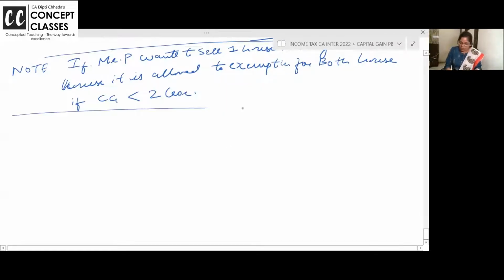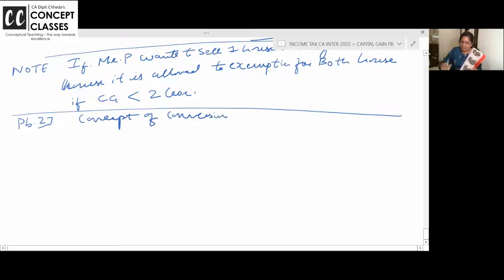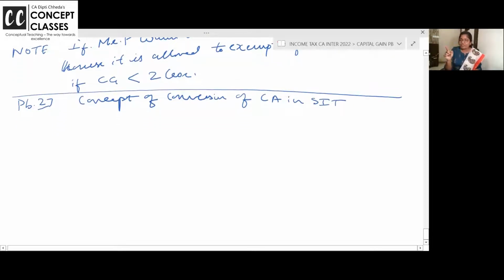So I'm taking up this now in class and we will definitely solve more problems. और इसका मैं थोड़ा स्टोरी लाइन आपको लिखाती हूँ. आप लिखो ताकि आपको समझ में आए. एग्जाम में मत करना लेकिन अभी करना. प्रॉब्लम नंबर 27. कॉन्सेप्ट ऑफ, 2 कॉन्सेप्ट हैं. कॉम्बोस का जमाना है. कन्वर्शन ऑफ कैपिटल एसेट इन स्टॉक इन ट्रेड. एक तो ये है, you have converted capital asset into stock in trade.